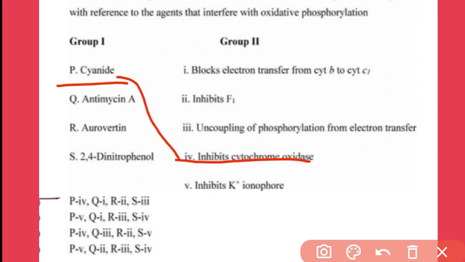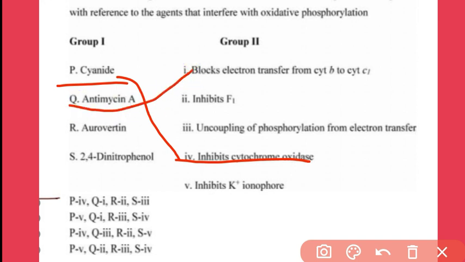Then antimycin A. Antimycin A inhibits the flow of electrons from cytochrome B to cytochrome C1. It uncouples oxidative phosphorylation, in which ATP production is less. So antimycin matches with blocks electron transport from cytochrome B to C1, Q to first.